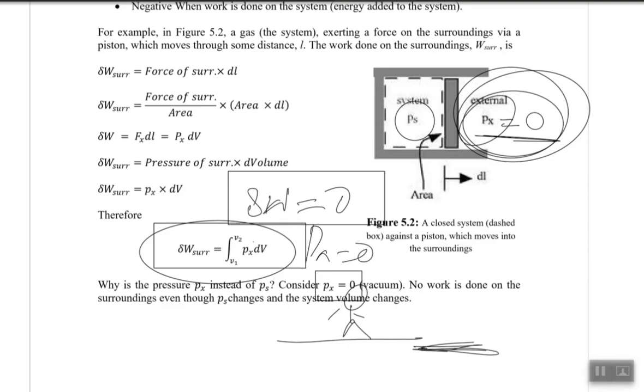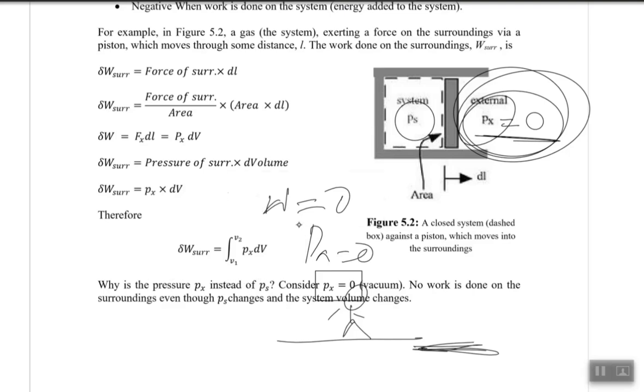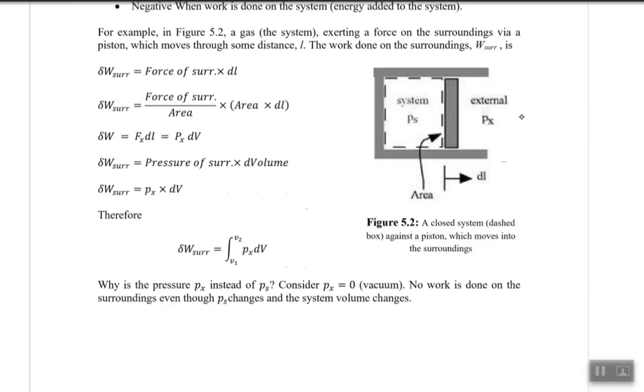Now the question is very simple: whether the system was doing some work or not. If W is equal to 0, does that mean the system itself was also not working?